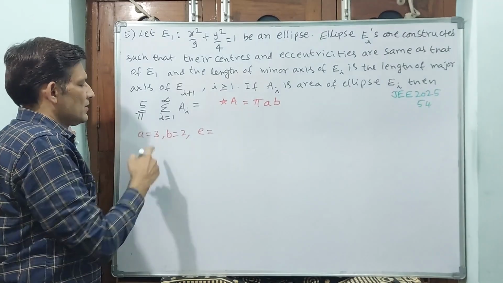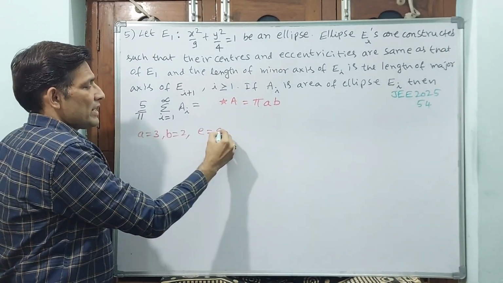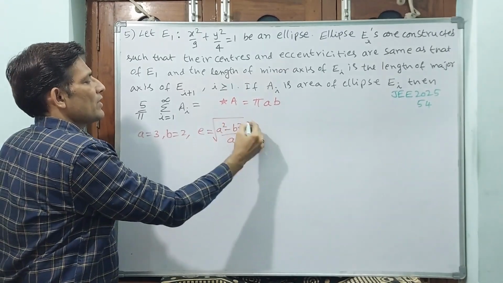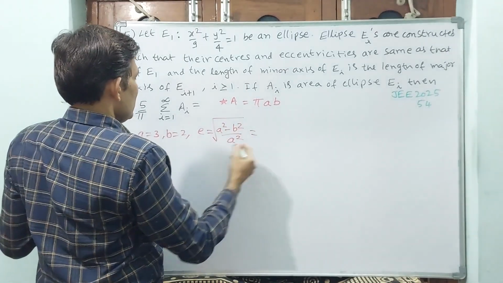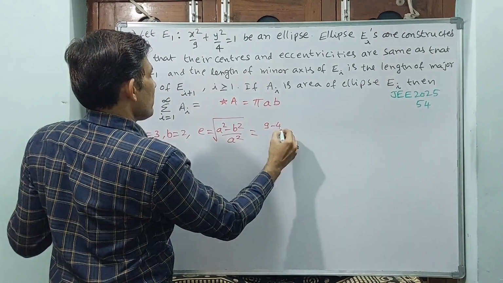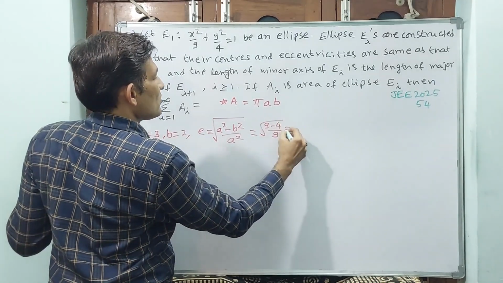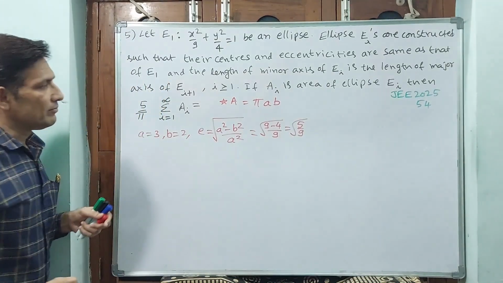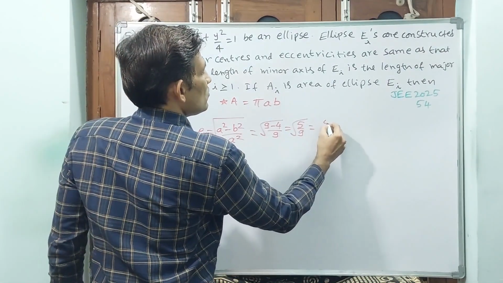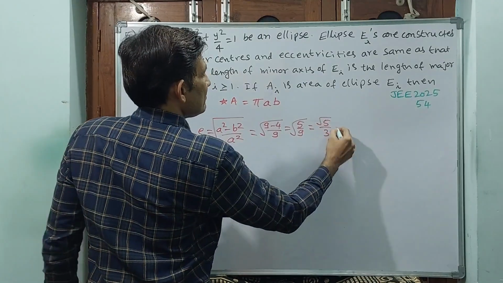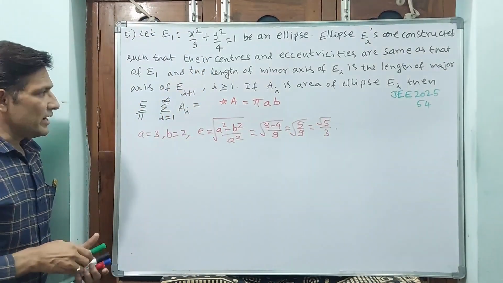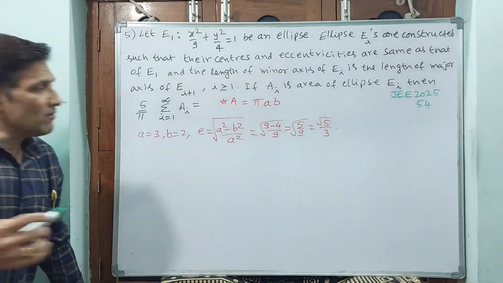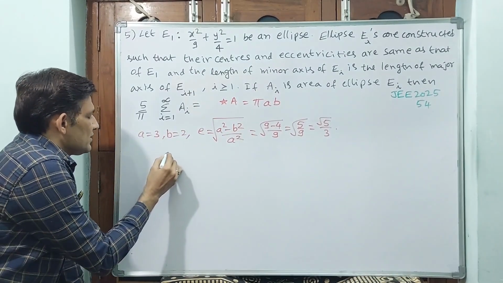Square root of A square minus B square by A square, that is square root of 9 minus 4 by 9, that is square root of 5 by 9, that is root 5 by 3. That means this eccentricity is standard for all. Now I am drawing one figure, observe carefully, because this is very much required.